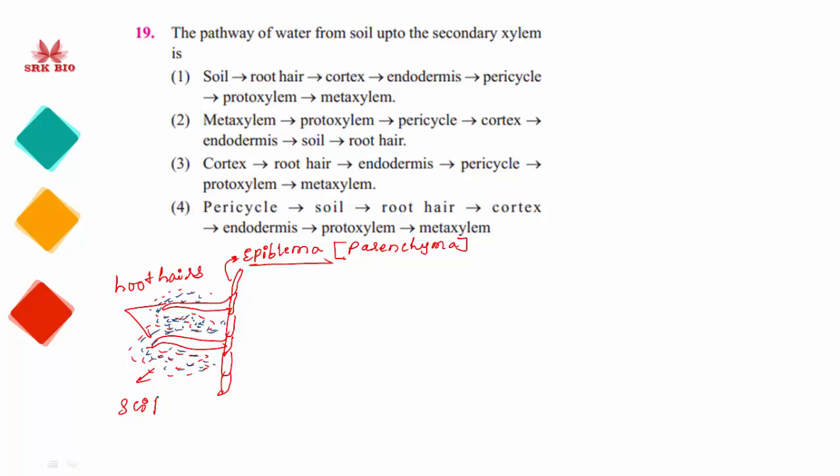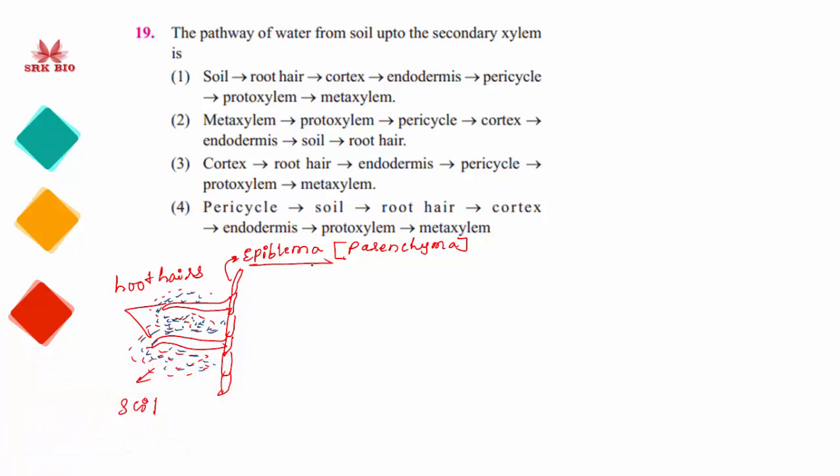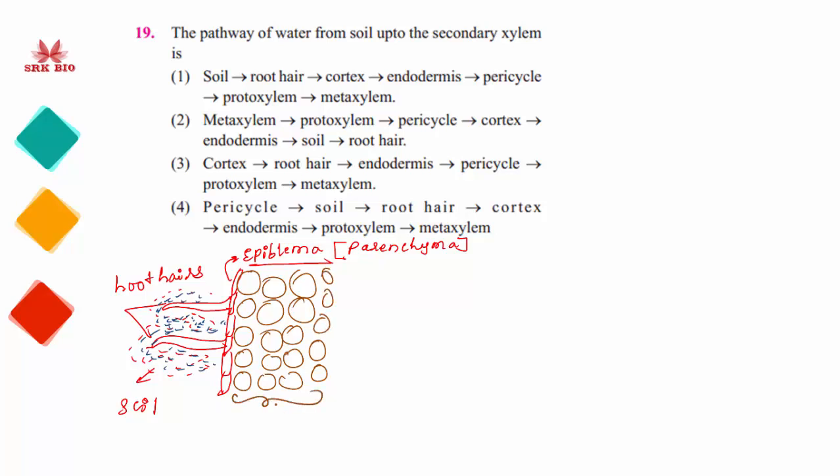Below the epiblema, the next part of the root is called cortex. The interesting part is that cortex is also made up of parenchyma, and remember, cortex is always multi-layered.